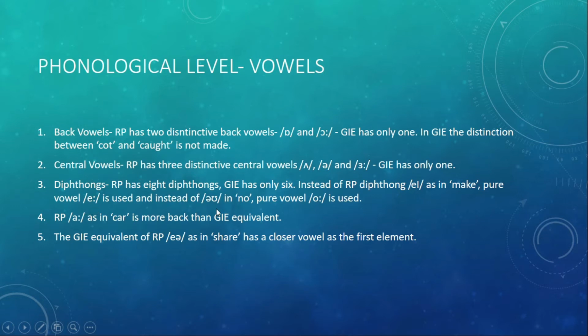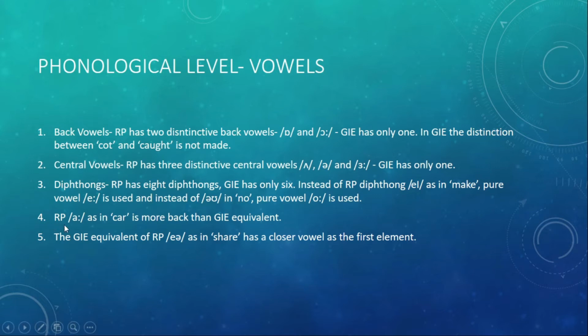And instead of the diphthong O, as in no, we tend to use a pure vowel O. Like instead of gold, we say gold. Instead of no, you say no. So instead of some diphthongs, we have a tendency to use pure vowels.